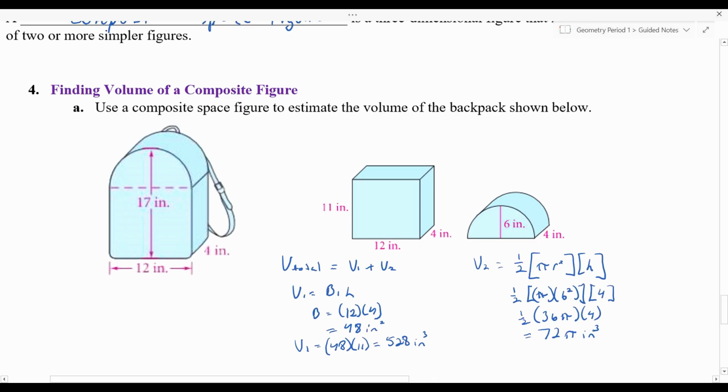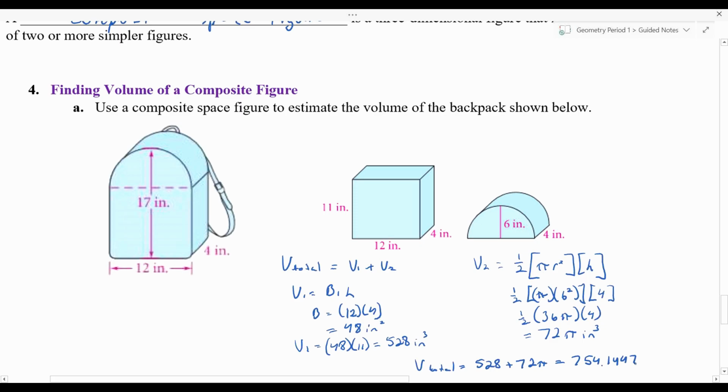And then total volume. Let me rewrite this. Volume total equals my 528 plus my 72 pi, and we're going to be doing this here to approximately equals 754.1447.